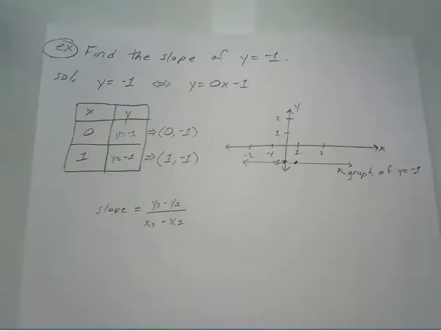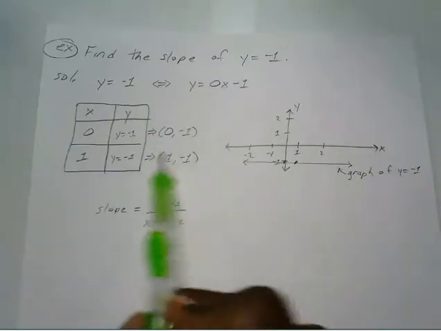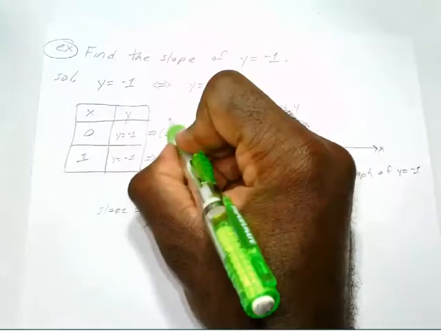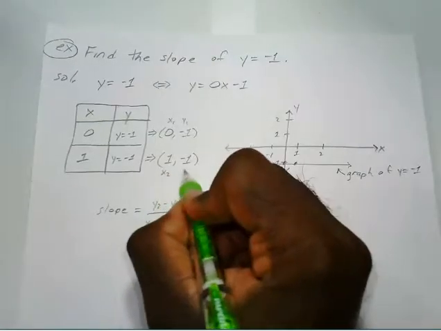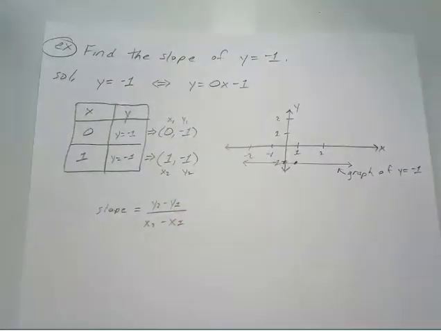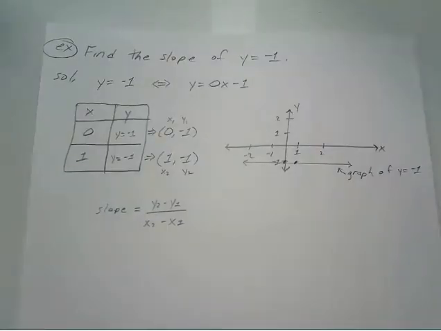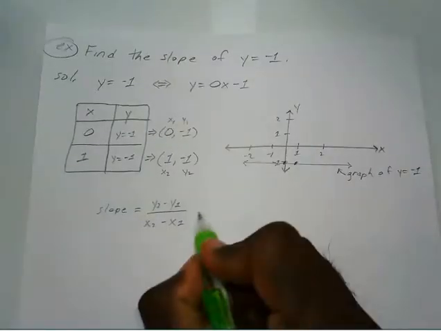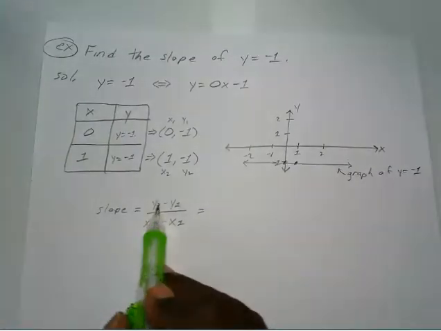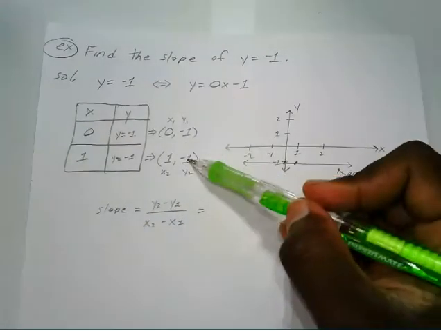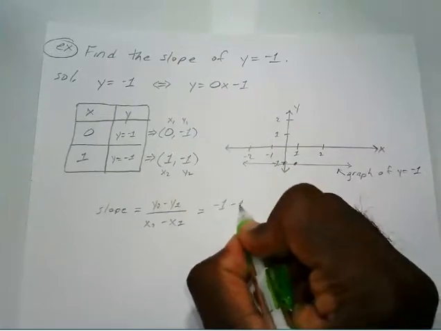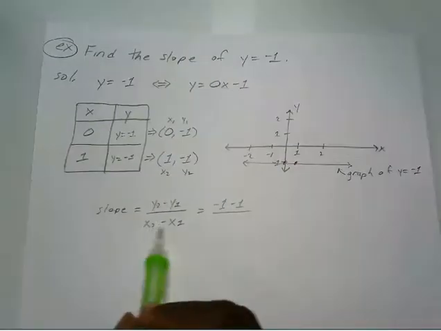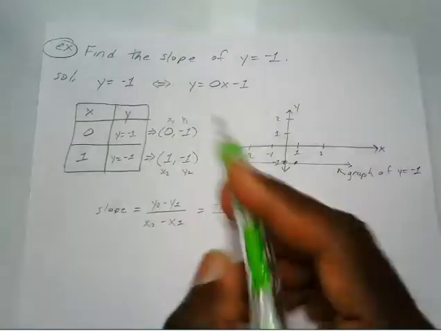Okay, so make this our x1, y1, and this one our x2, y2. Just like we did before, nothing really changed there. So y2 minus y1 is -1 minus 1 over x2 minus x1, which is 1 minus 0.